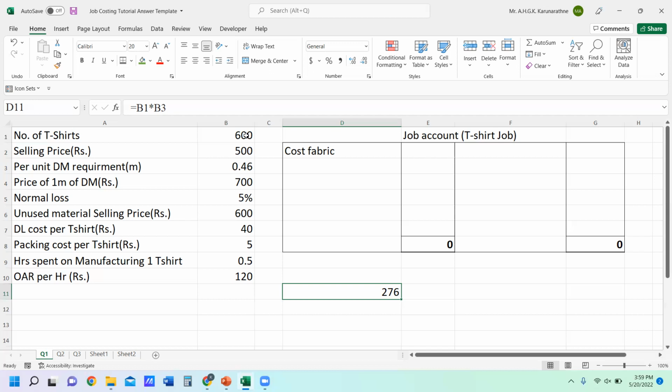For 600 t-shirts, you are required to consume 276 meters.